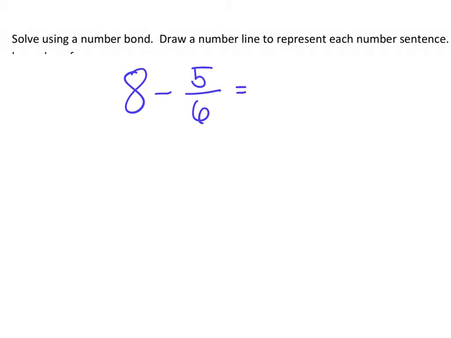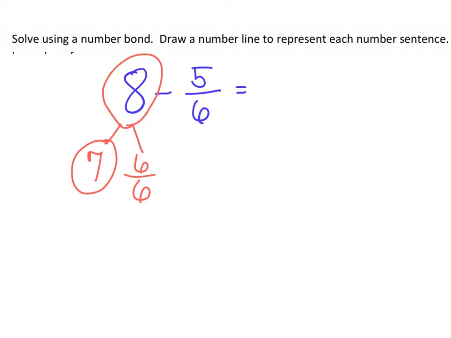All right, so now we're going to take this whole, which is 8, and we're going to create this number bond. And this 8 right here, we're going to take a 7 and a 6/6, because we're subtracting 5/6, so we know that 7 plus 6/6 would give us 8.